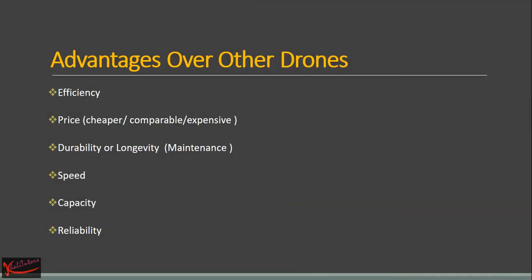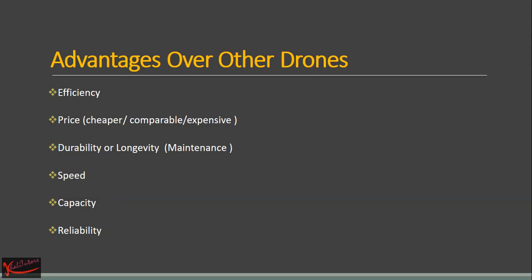In case you decided to look at the advantages of other drones, I think this is what you can focus on. Is the drone more efficient than other drones when it is doing irrigation? You can compare that. Is the price cheaper? Is it comparable? Is it expensive? You can use that. What about the durability or longevity of the drone?